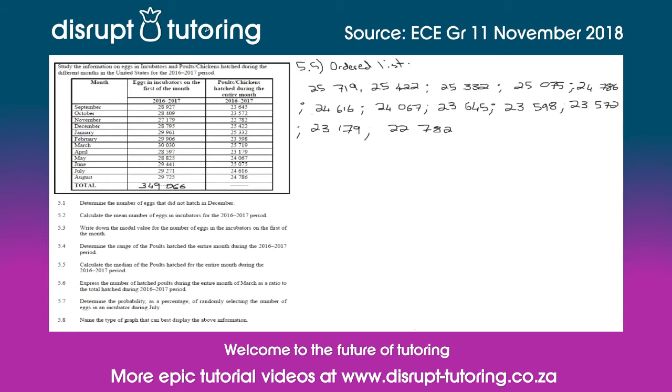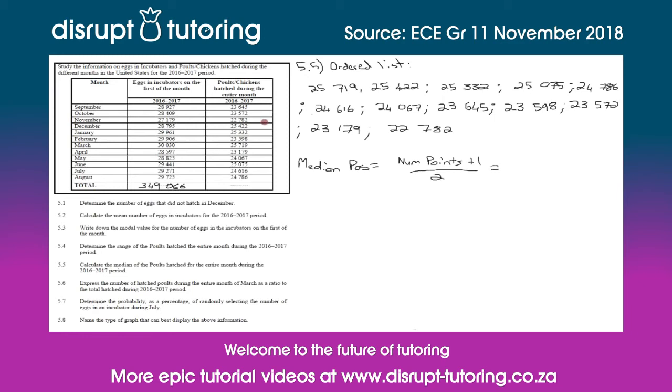Just to make sure we haven't missed any, so we've got 1, 2, 3, 4, 5, 6, 7, 8, 9, 10, 11, 12, and we already know there are 12 data points, so we haven't missed any. Now we need to find the median position, and this is going to be your number of points plus 1 divided by 2.